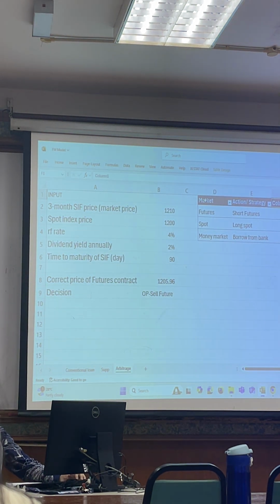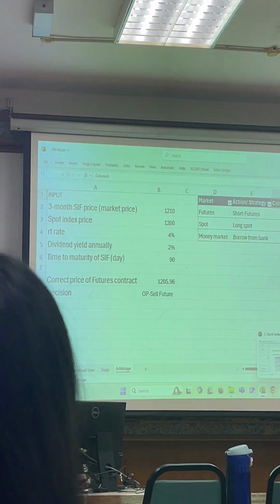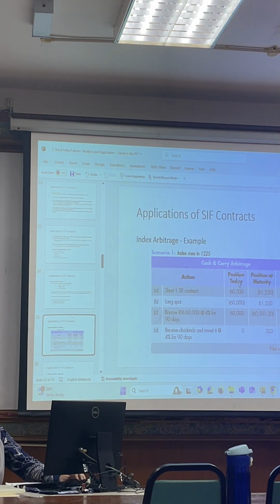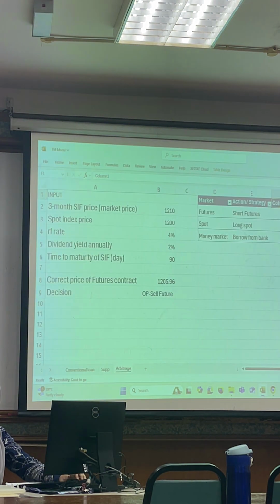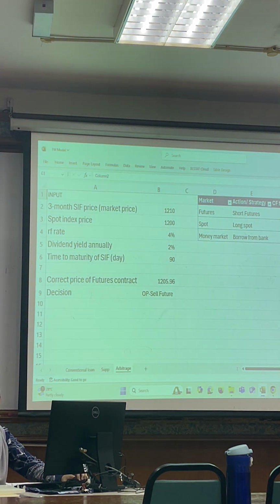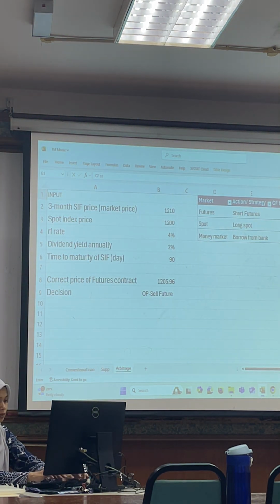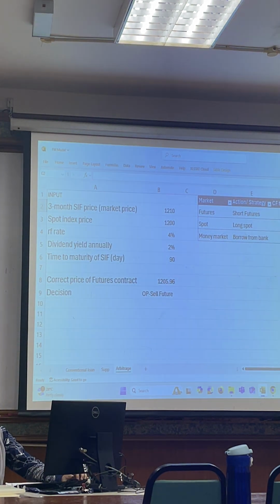Remember, what we have here is the cash flow, which will be involved in our transaction. So maybe it's good for you to put it here: cash flow today. Then you need to have the cash flow at maturity, because we believe that we're going to close it at maturity.